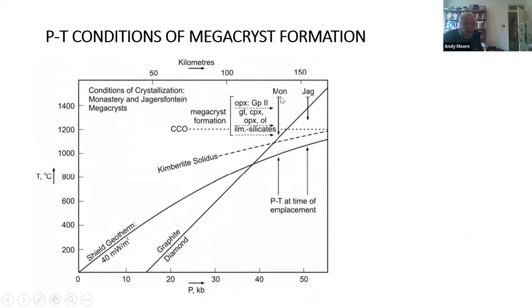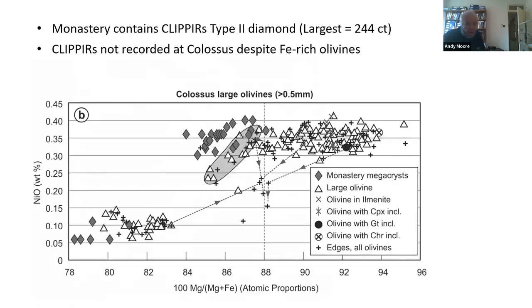But at places like Leslie, one of the kimberlites of the Lac de Gras field, there is much less evolution, and you don't get out of the graphite stability field. So this is starting to look as though we might be on our way to getting a proxy to predict the presence or absence of clipper diamonds.